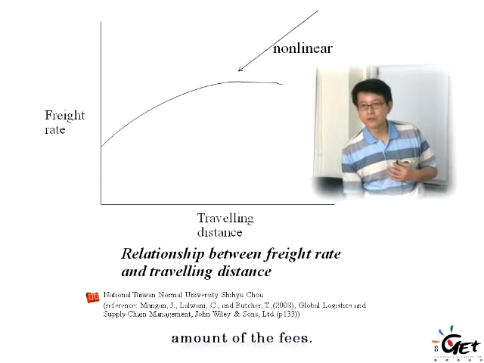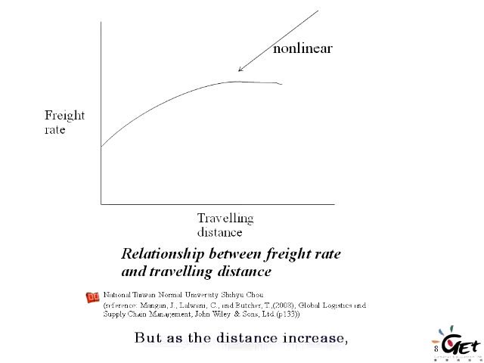So even if you ship your flights very close to your site, you still need to pay the minimum amount of the fee, right? But as the distance increases, we don't need to pay the fee proportionally with the distance. For every additional unit of distance traveled, we need to pay an additional fee, but this additional fee will be diminishing.